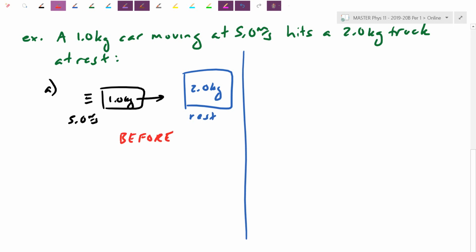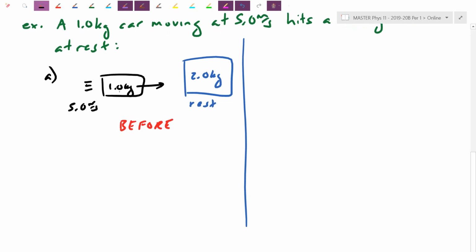The question here is, what can happen afterwards? What could possibly be the outcome after these two objects hit each other? So I'm going to give you a few different setups. I need to be told a little bit more. I can't just predict from scratch. In this case, one possibility is when this car is speeding along and hitting this 2 kilogram mass, maybe after the collision, the first mass completely comes to a stop.